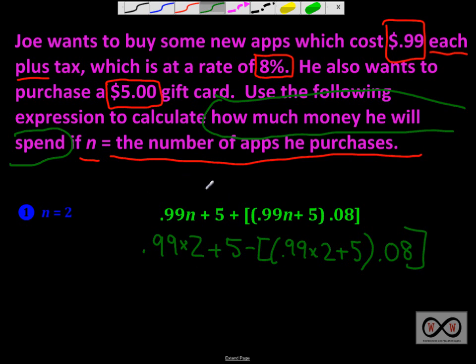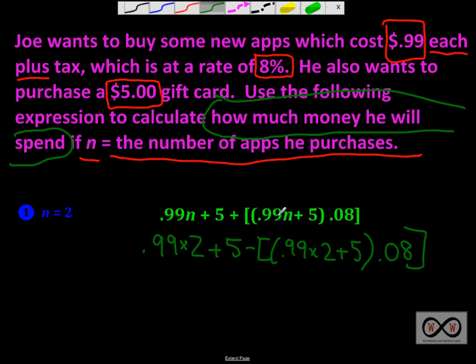So again, to quickly go over what this means, at the front end of the expression, we have the price of the app times the number of apps he purchases, plus the $5 he spends on the gift card. Then inside these brackets and parentheses, this side really deals with adding on the tax.